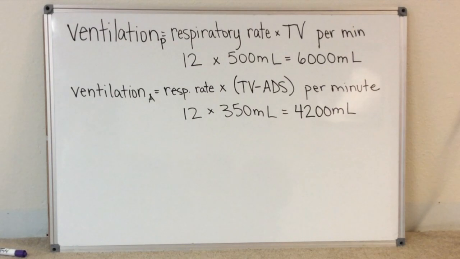Again, we have a respiratory rate of 12 breaths per minute, and then we must take the anatomical dead space out of the tidal volume because this is the amount of air that is actually available for exchange that reaches the alveoli. If we take the 500 milliliter tidal volume from the above example and subtract out the anatomical dead space of 150 milliliters, we see that only about 4,200 milliliters are actually available for exchange of that pulmonary ventilation.